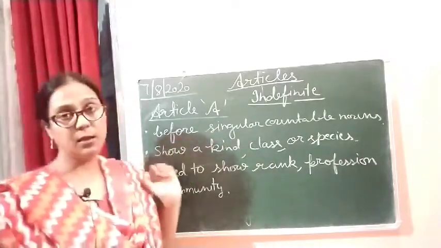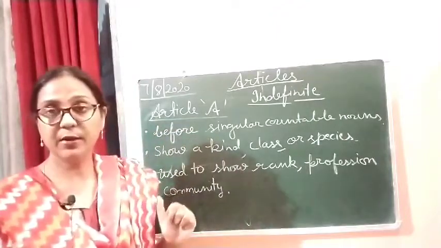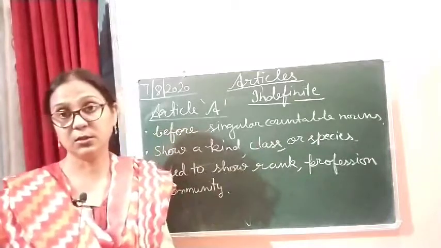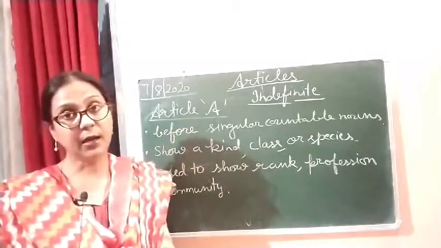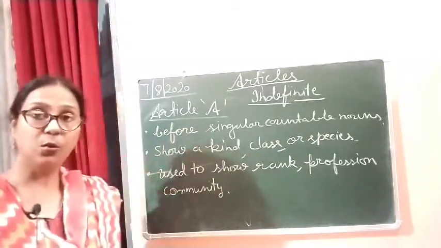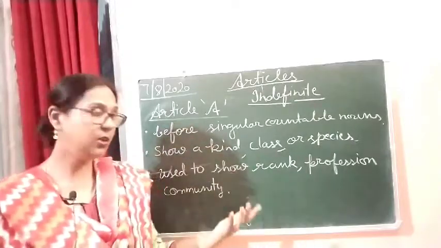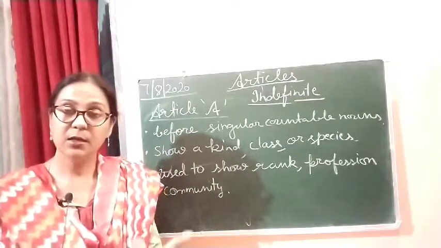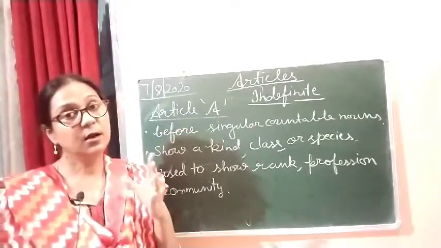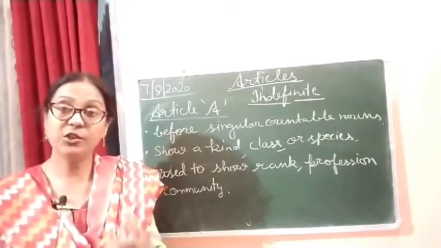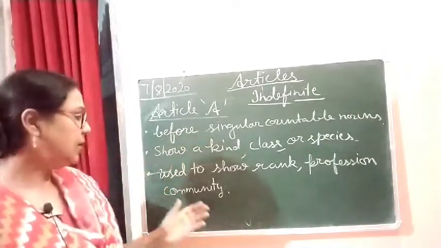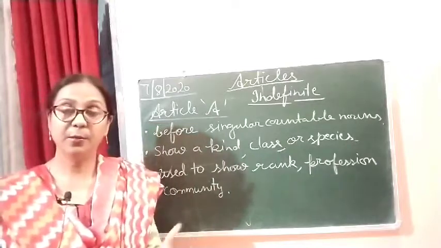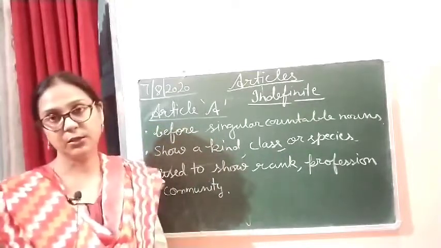The second thing we have to always keep in mind is that a can show a kind, class or species. For example, a deer is a kind, gentle animal. Also, a is used to show rank, profession or community.